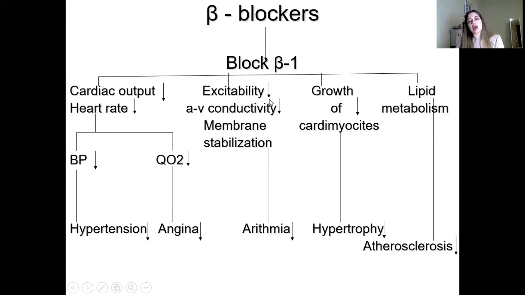Also, they block the excitability of atrioventricular conductivity, the membrane stabilization, which reduces arrhythmia. They also reduce growth of cardiomyocytes, which helps to reduce hypertrophy, and they affect lipid metabolism by reducing atherosclerosis. So many good effects in reducing the cardiovascular risks.